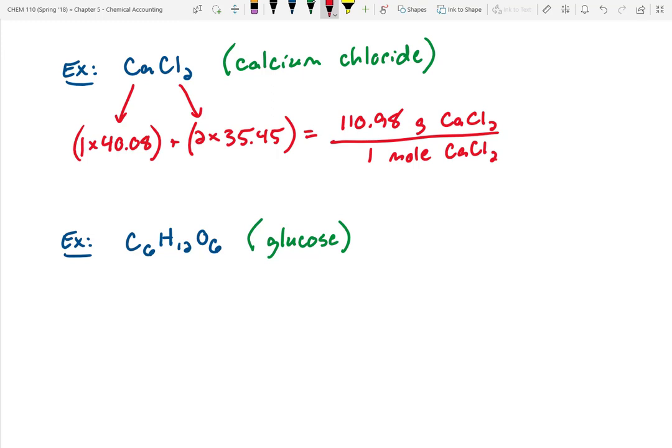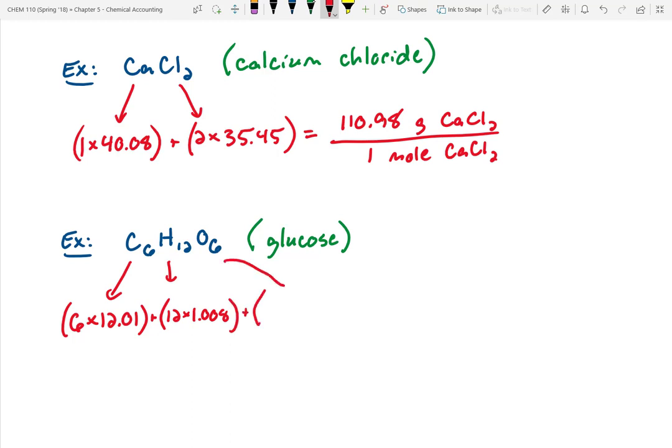So really quickly, let's just break this down. We know we've got 6 carbons, so I'd say each of those carbons is 12.01. We've got 12 hydrogens, and each hydrogen, whoops, that should be a times, not a plus, is 1.008.